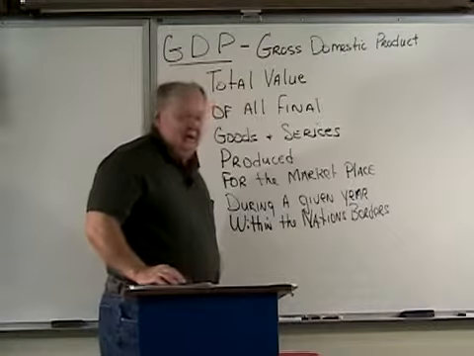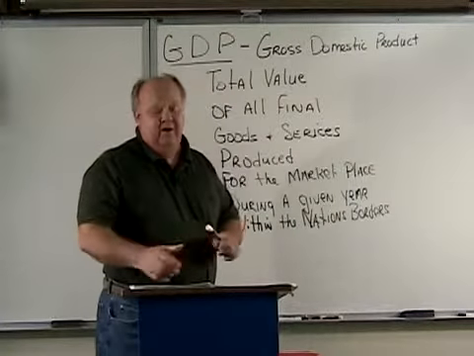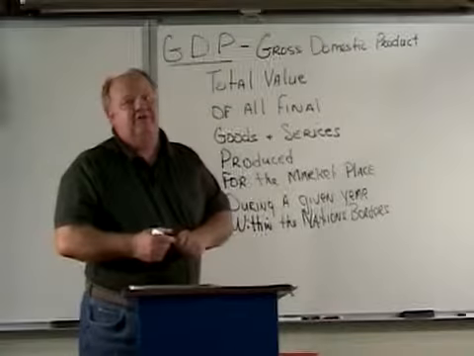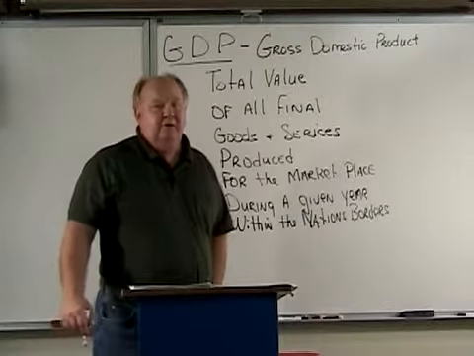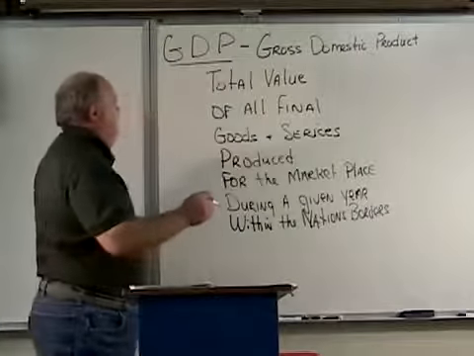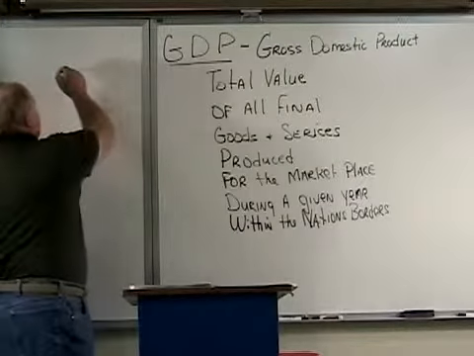In talking about calculating gross domestic product, there are a number of methods that are used to calculate it, but the most common one is what's called the expenditures approach.